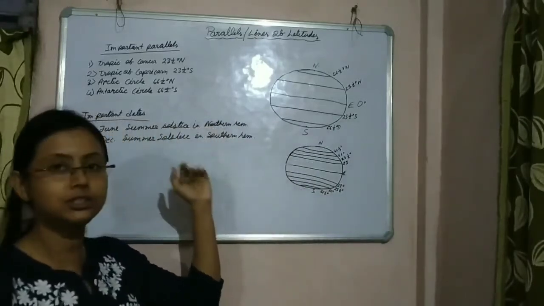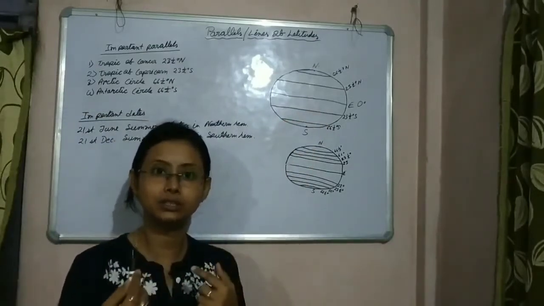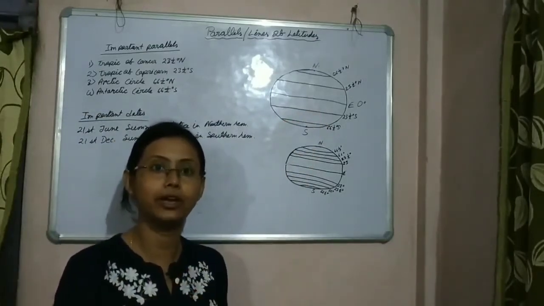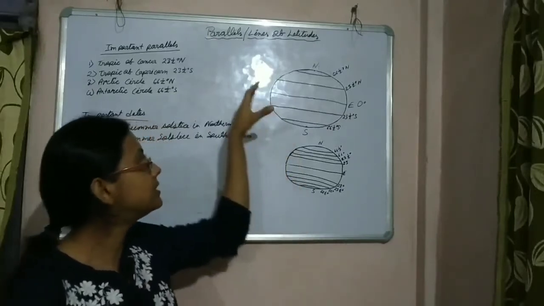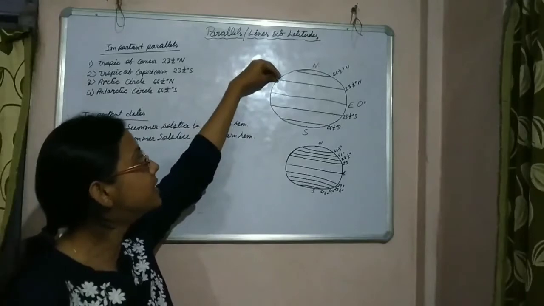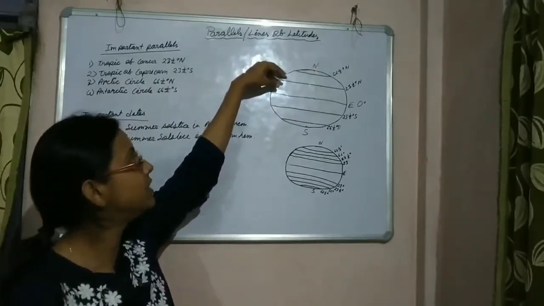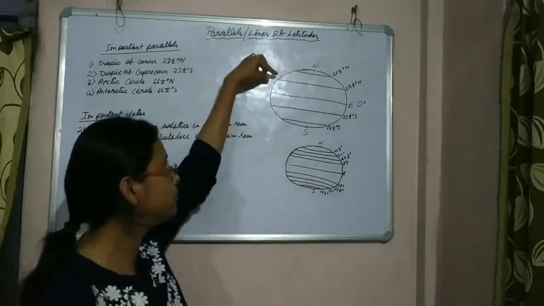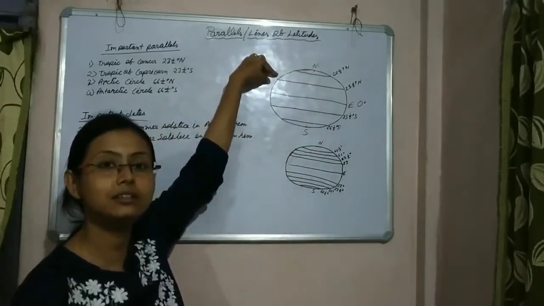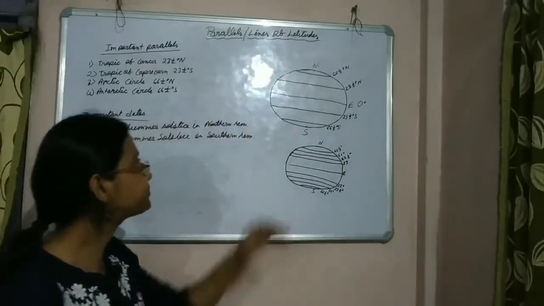On 21st June, the Earth, during its revolution around the sun, reaches a point where the sun's rays fall vertically or directly on this point of the northern hemisphere, that is 23.5 degree N latitude. On this point, direct rays fall here.